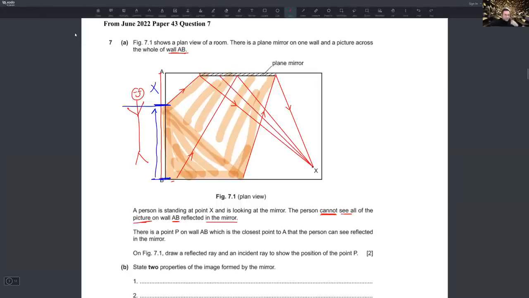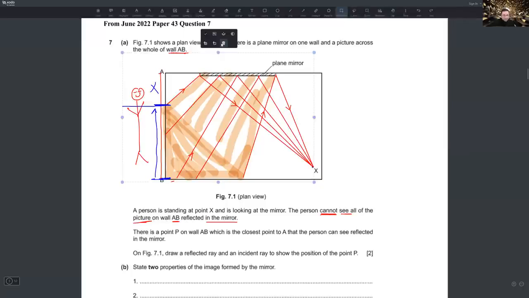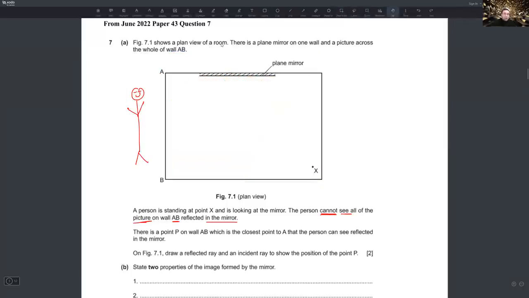Every single light ray that reaches you shows you a different part of the room. We don't have to draw every single reflection. Instead, what do we draw? Just two. If you want to find out how much you can see in total, you draw two rays.